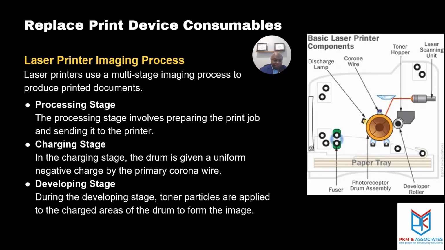Again, I gave you the answer from an exam perspective. So it might say, what are the three stages? You could say processing stage, charging stage, and developing stage. It's kind of what they're looking for. They might give you multiple choice, or they might say select the three or the two that are correct.